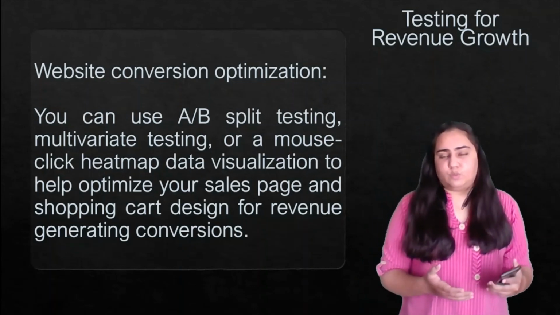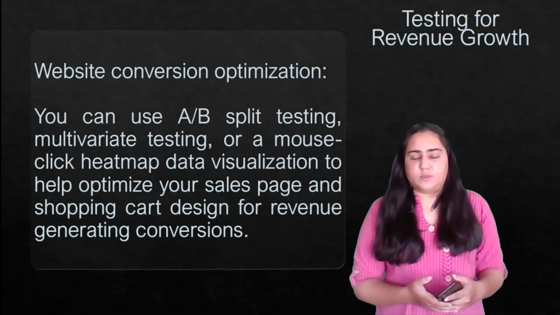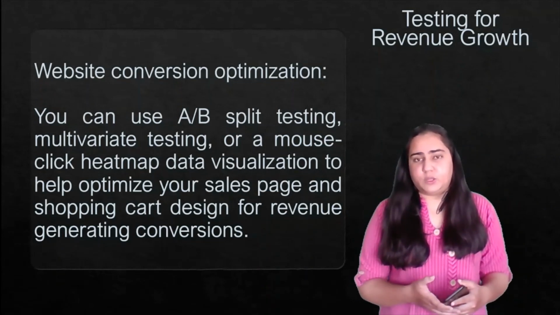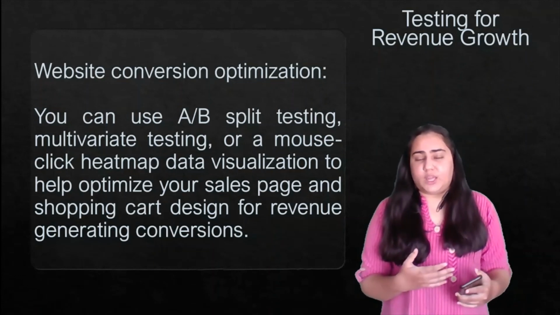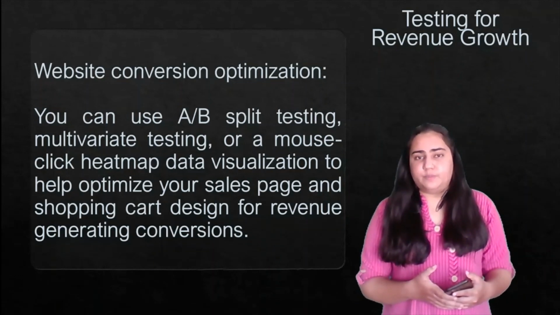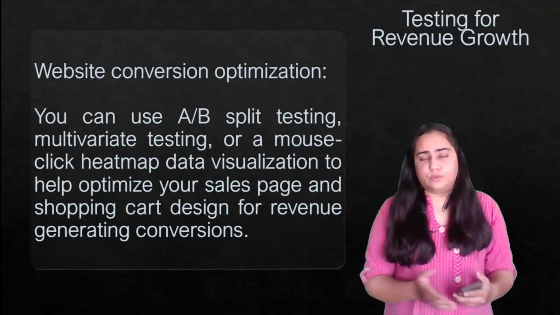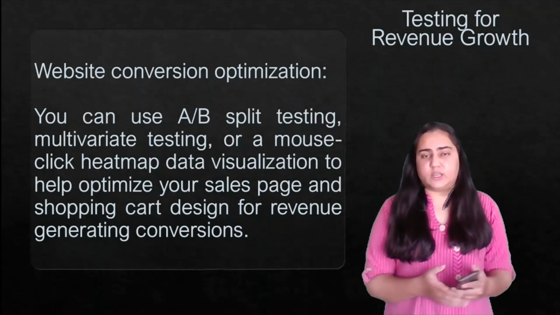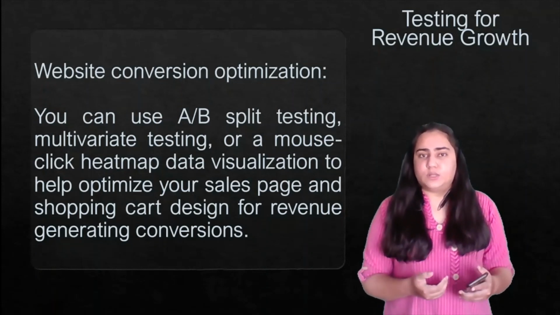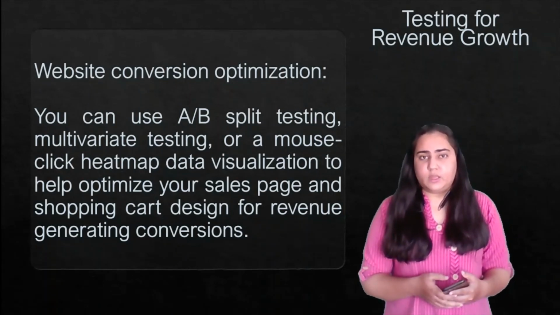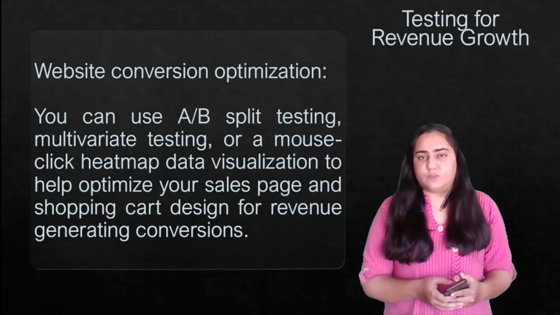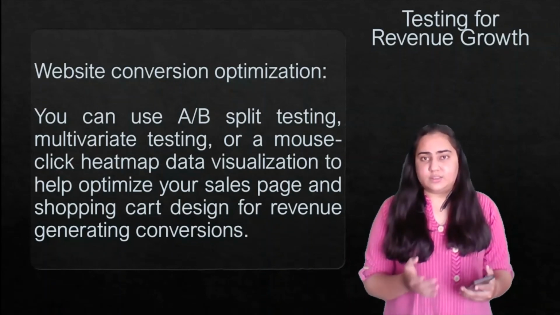We tend to overlook this, but sometimes just the design of your shopping cart, maybe the logo or the way your shopping cart is accessed, might actually increase or decrease revenue for you. So you'd have to test multiple designs of the shopping cart to understand if a certain design is doing better than others. That is called website conversion optimization, where you can test for revenue growth.